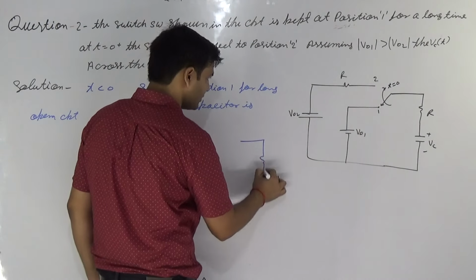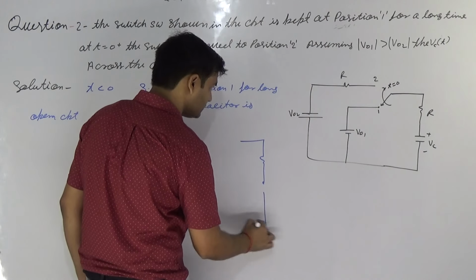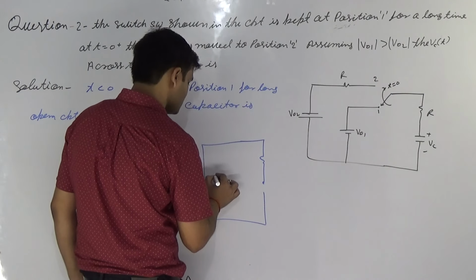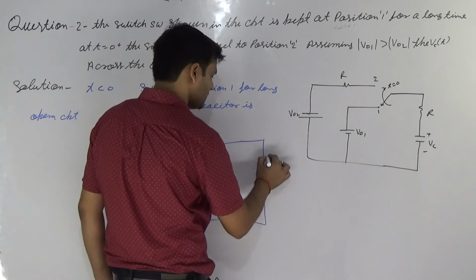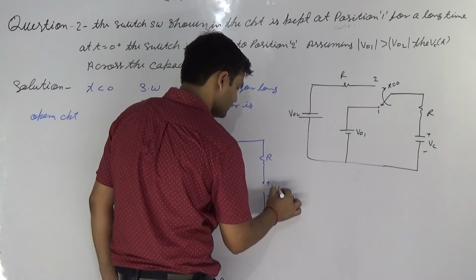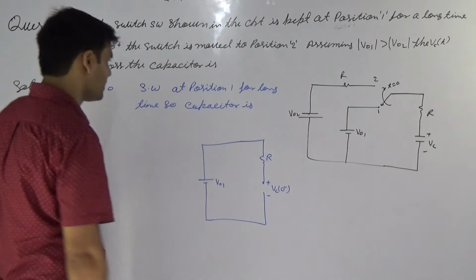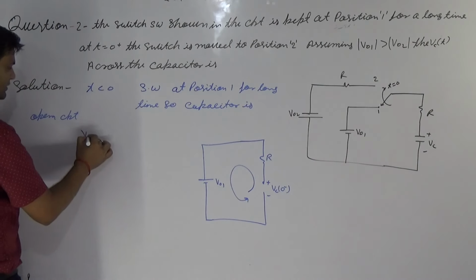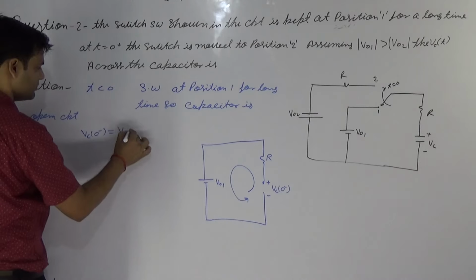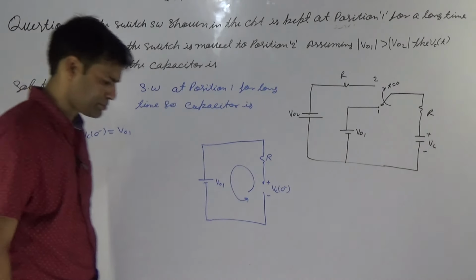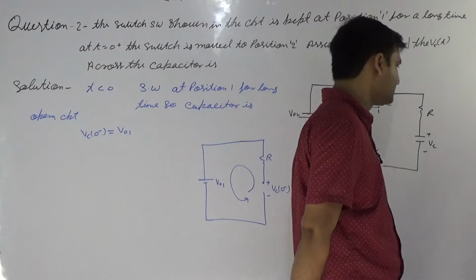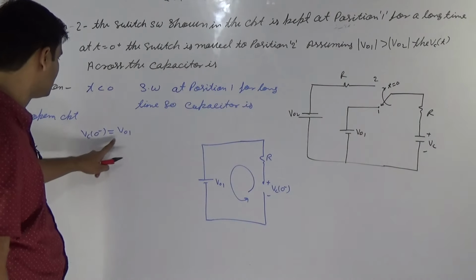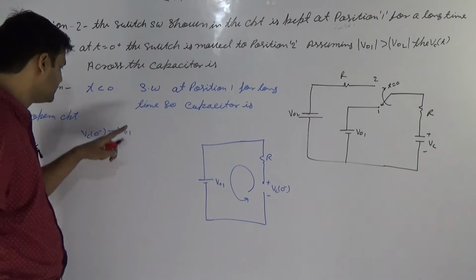Now the circuit looks like this one. V01, R, plus minus, VC0 minus. The voltage VC0 minus will equal V01. So the voltage across the capacitor at steady state for t less than 0 is V01.